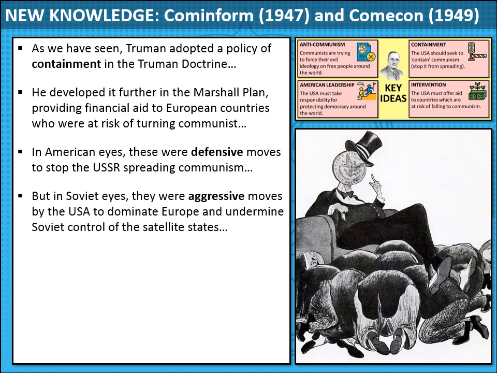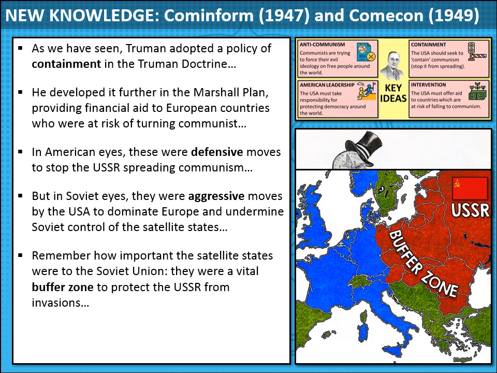But in Soviet eyes, these moves seemed very aggressive. The Soviet Union believed that the USA was seeking to dominate Europe and undermine Soviet control of the satellite states. And remember, those satellite states were incredibly important to the Soviet Union. They were a vital buffer zone to protect the USSR from any invasions.